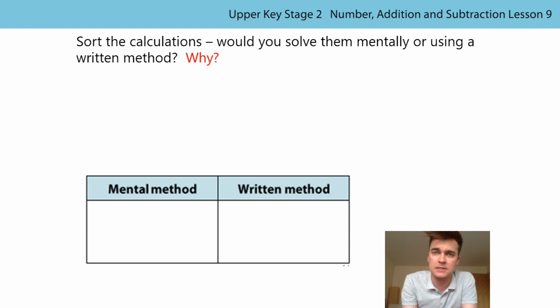And while you're making your decisions, think, are there any known facts or related facts within the expressions as parts of those numbers that you would use to help you solve them mentally? If there are, then pop them into the mental method side. If there aren't, then you probably would use a written method to solve them, so pop them into the written method side of your table.